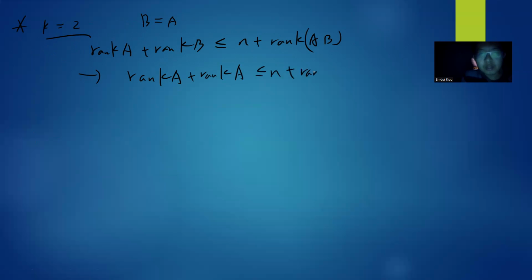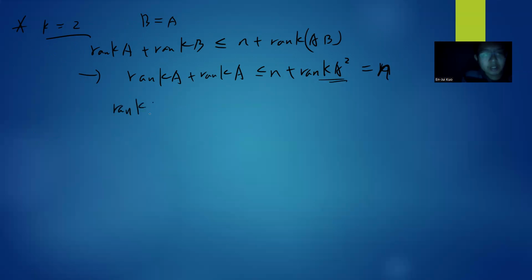Let's consider a simple case, K equals 2. We have rank A plus rank B less than or equal to n plus rank AB. Choosing B equal to A, we get rank A plus rank A is less than or equal to n plus rank A squared, which is 0, because A squared is 0.